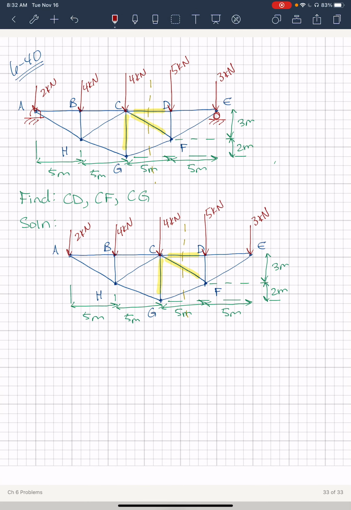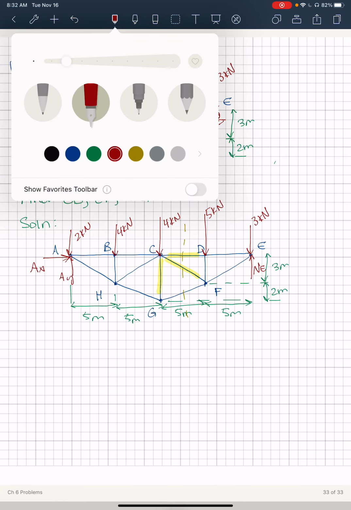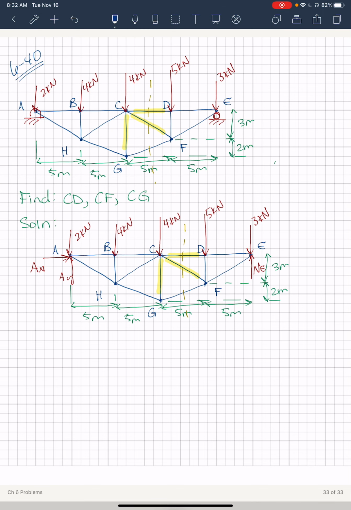At A, we're going to have AY and AX. And then at E, we're going to have that normal force at E due to that roller. We just need to find that normal force at E, so we can sum the moments about A to find that.